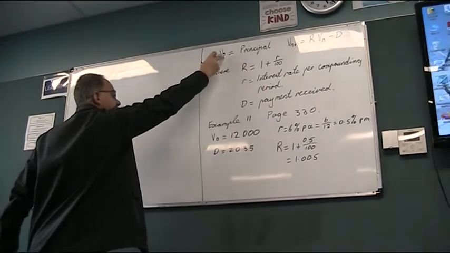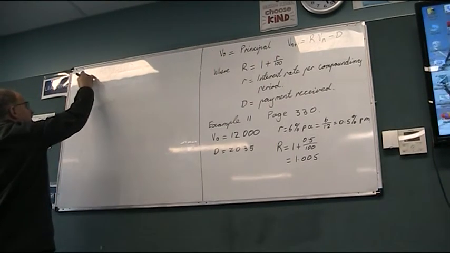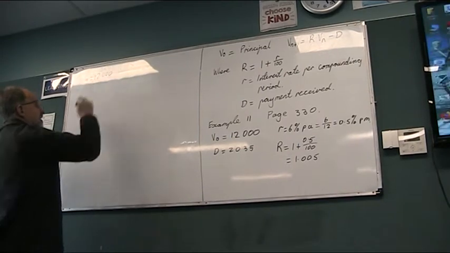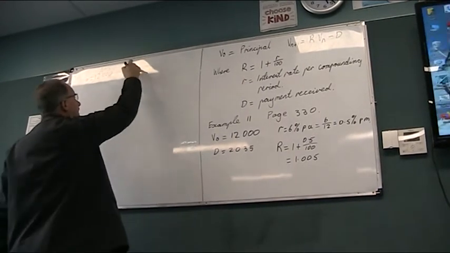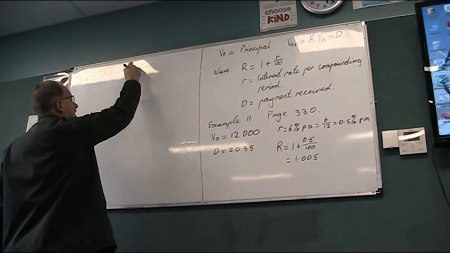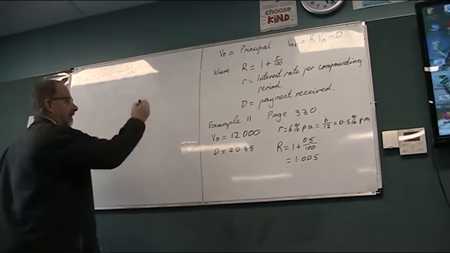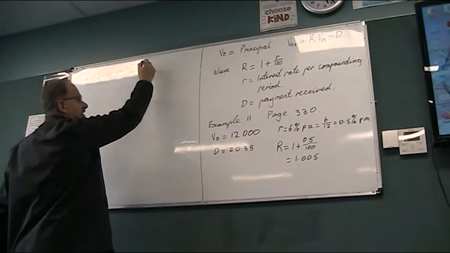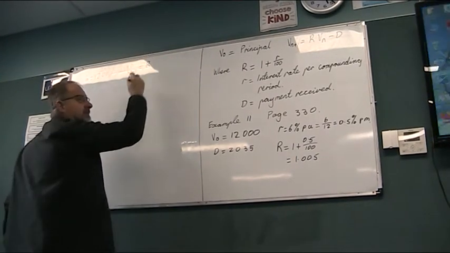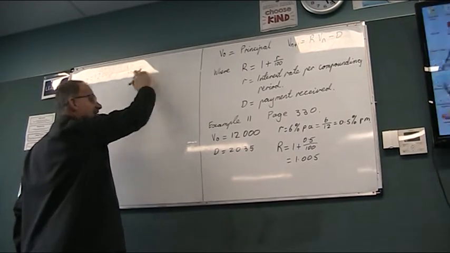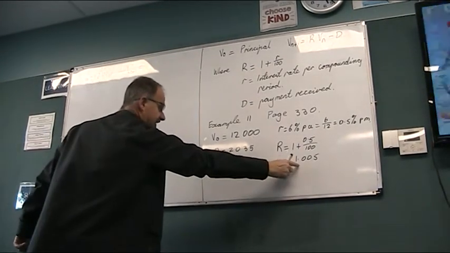So the recurrence relation has two parts. It has our principal, V0, which is 12,000, and then the other part is how the value after a certain number of payments relates to the value after the next payment, and the R is this one here.